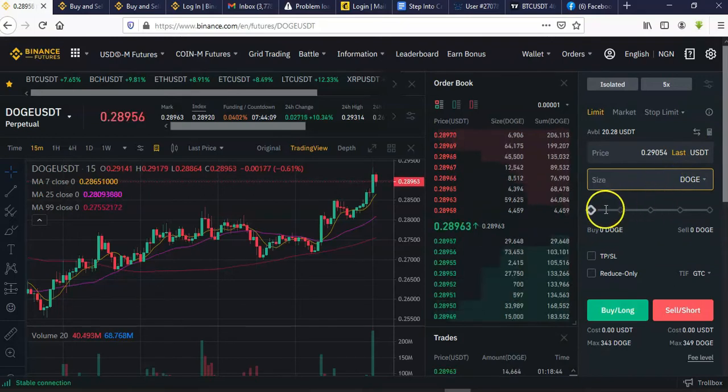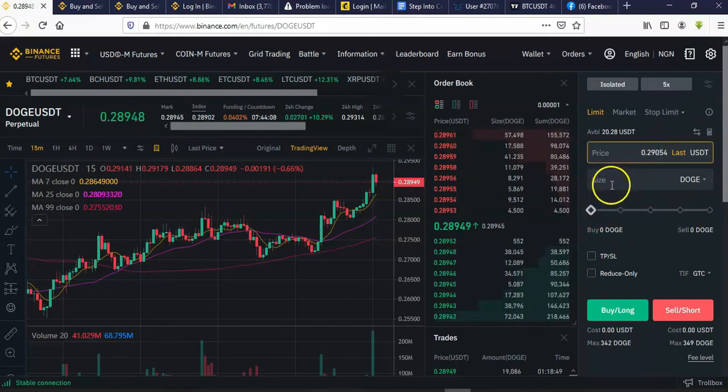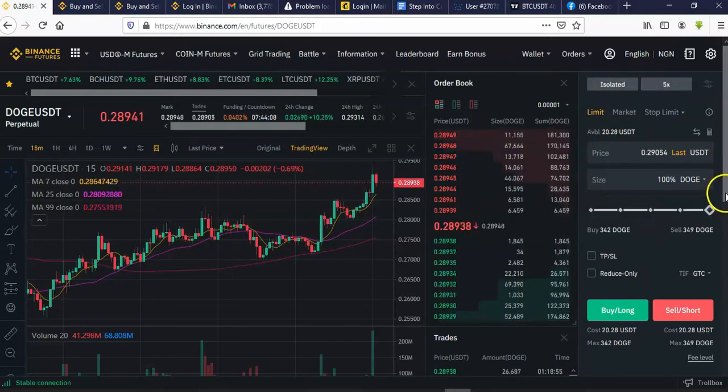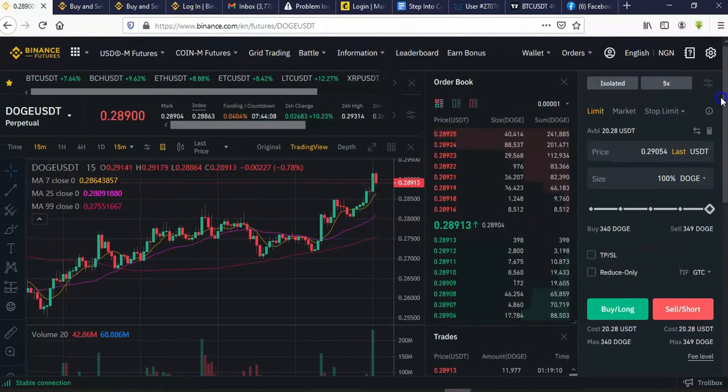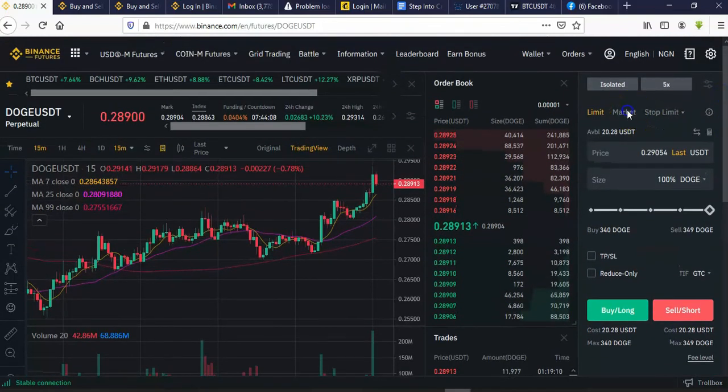Alright. So here last price oscillated 5 times. We are going to short Doge. I'm trying to put the market price. Let's put it in the market, instead of the limit. So it's a market.